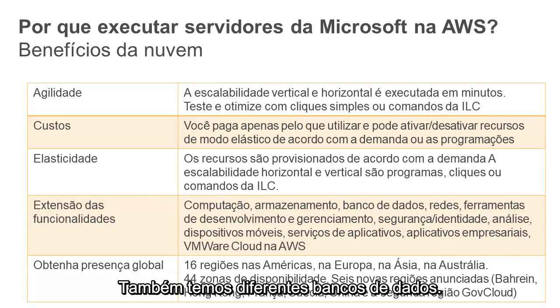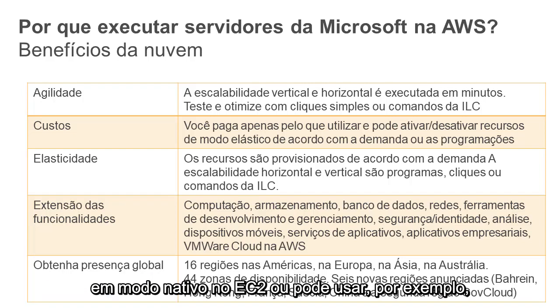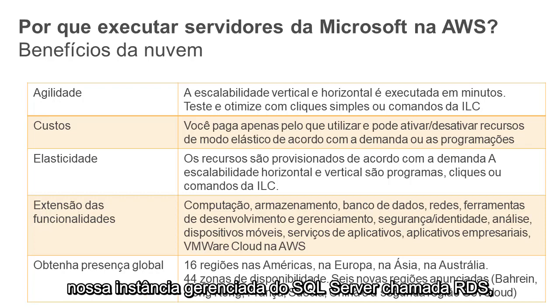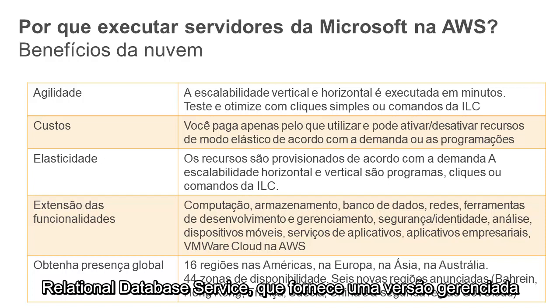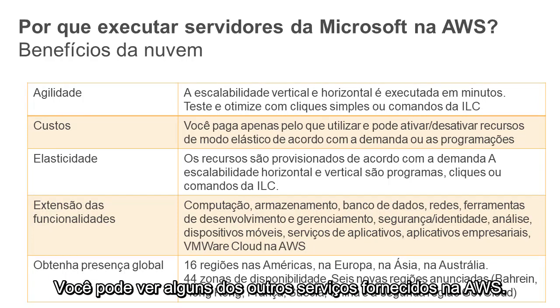We also have different databases. You can run the Microsoft servers using SQL Server running natively on EC2, or you can use, for example, our managed instance of SQL Server called RDS, Relational Database Service, which provides a managed version of Database as a Service with SQL Server. You can see some of the other services that we provide on AWS.